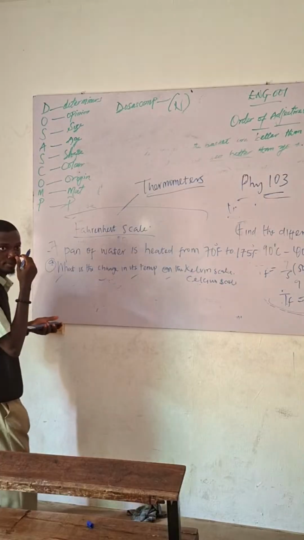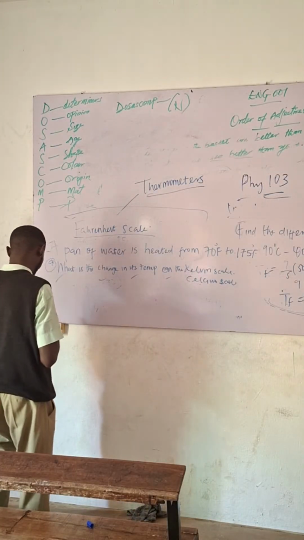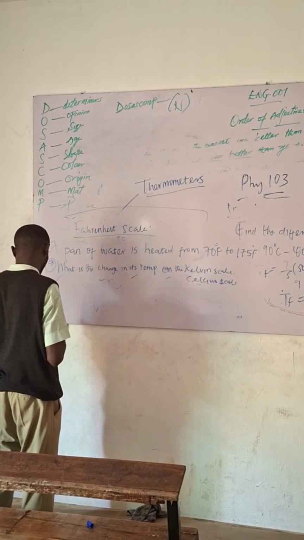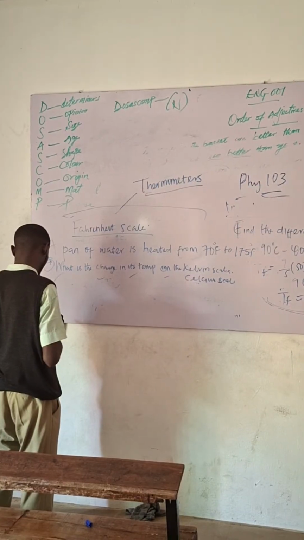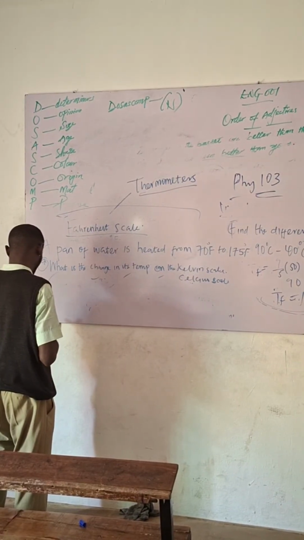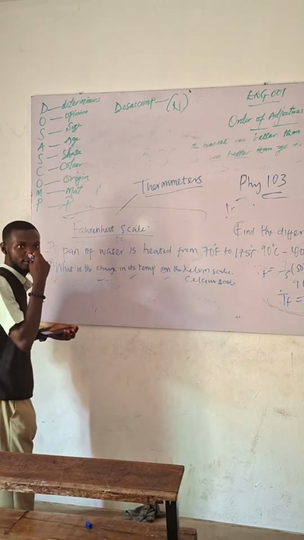So you guys try this out. A pan of water is heated from 70 degrees Fahrenheit to 175 degrees Fahrenheit. What is the change in its temperature on the Kelvin scale and the Celsius scale?